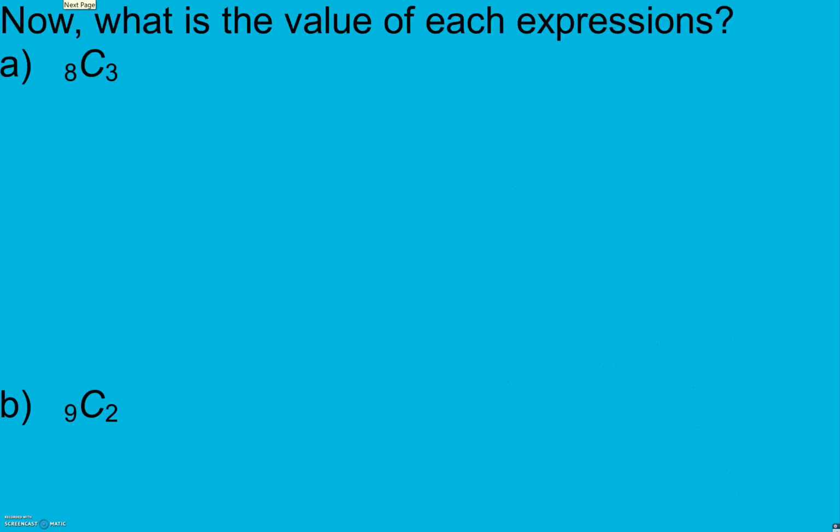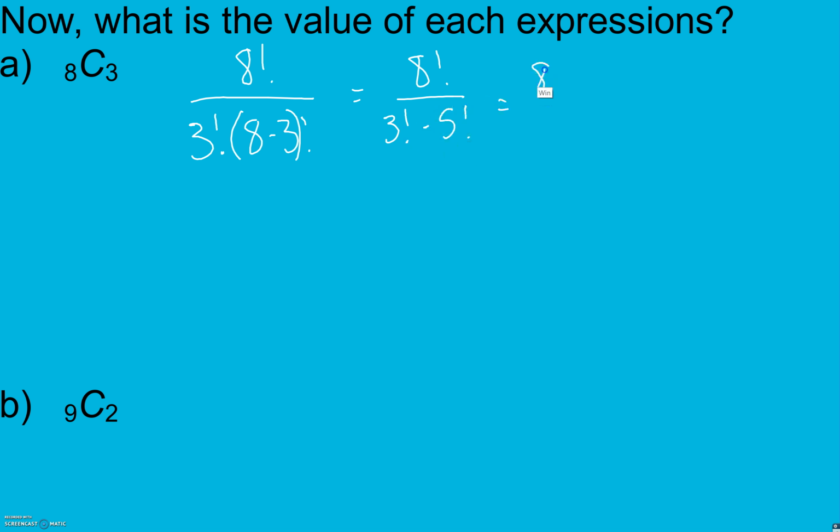Now, what's the value of each expression? I'm going to have 8 factorial over 3 factorial times 8 minus 3 factorial. Eight factorial over 3 factorial times 5 factorial. 8 times 7 times 6 times 5 factorial.